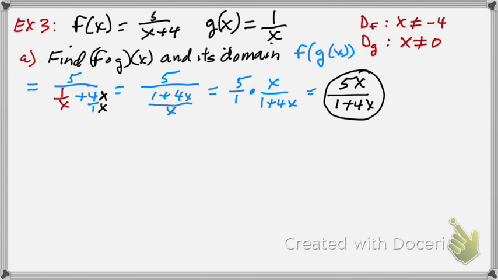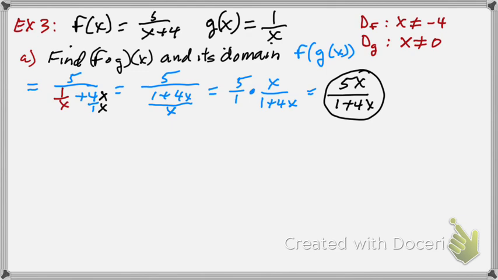So now I'm looking at our composite function here, 5x over 1 plus 4x. And I've got to say, two ways of looking at this.